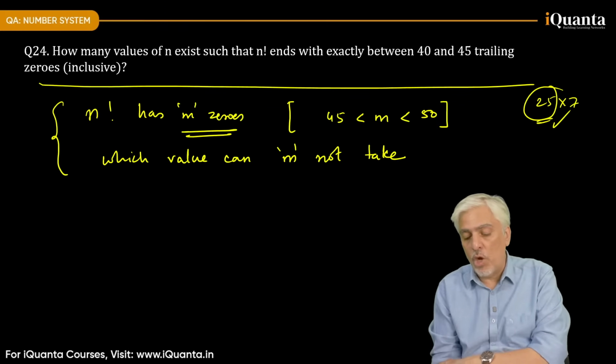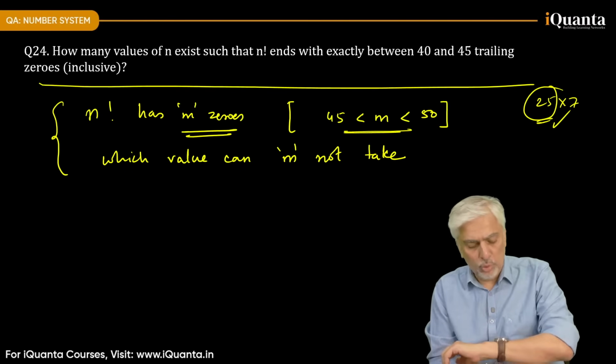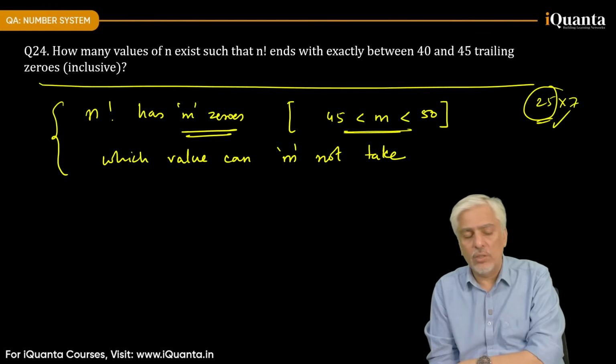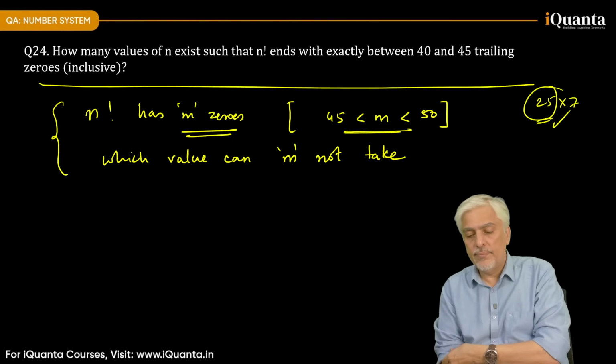Which value can m not take if m is between 45 and 50? Who said last question? The lecture is till 10 o'clock. 6 more questions. It will not go till 10 o'clock, till 9:30, 9:40 maybe.